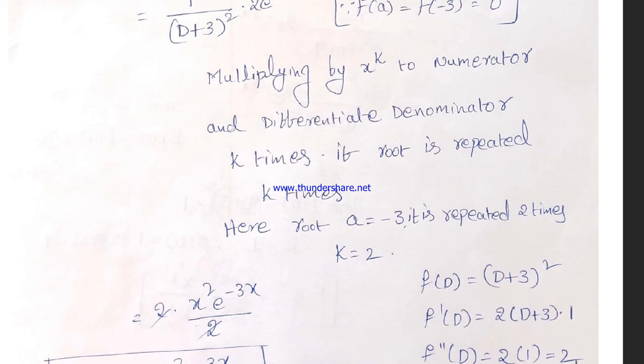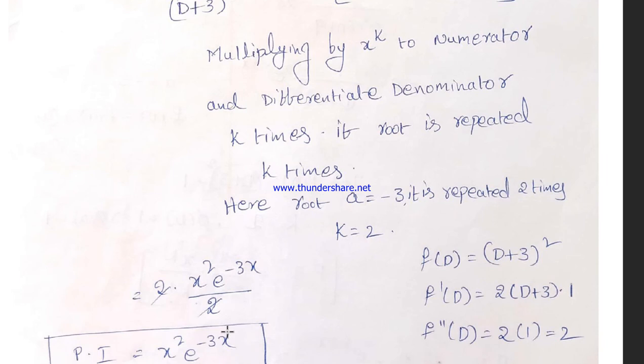So 2 into 1 value is 2. Substitute here, we get 2 into x square e power minus 3x by 2. Again I repeat it: the numerator multiply with x power k, the denominator differentiate k times if the root is repeated k times. So we can cancel 2, and the particular integral is equal to x square e power minus 3x. This is about the first method.